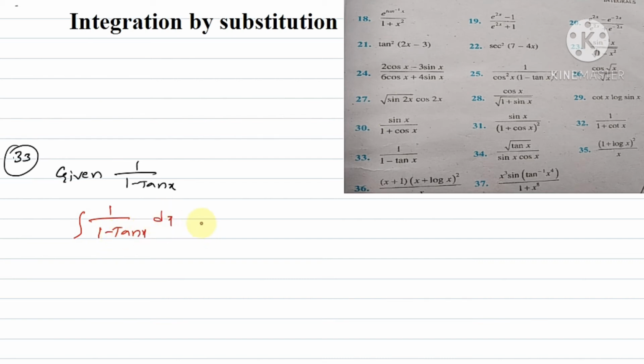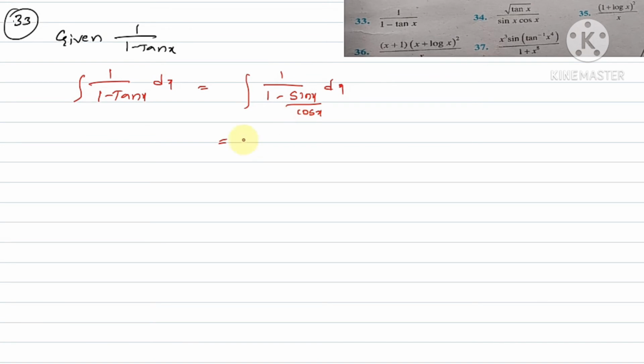So without loss, I am doing this integral 1 by 1 minus, so tan x we can write as sin x upon cos x, into dx, which implies integral, doing the LCM, this cos x comes to the numerator, so cos x upon cos x minus sin x into dx.